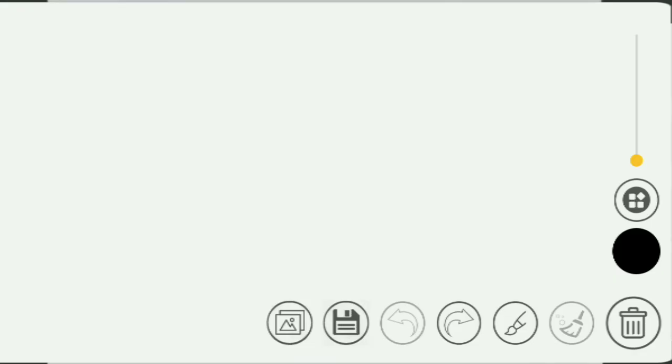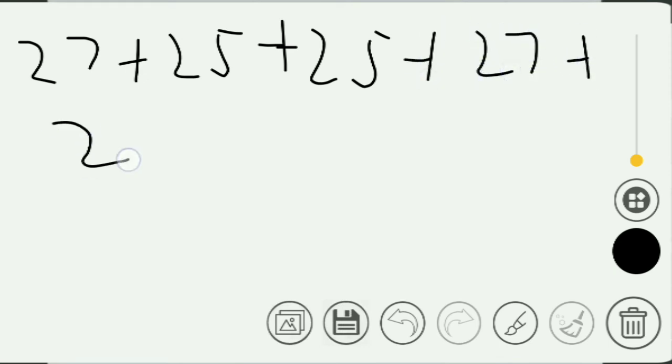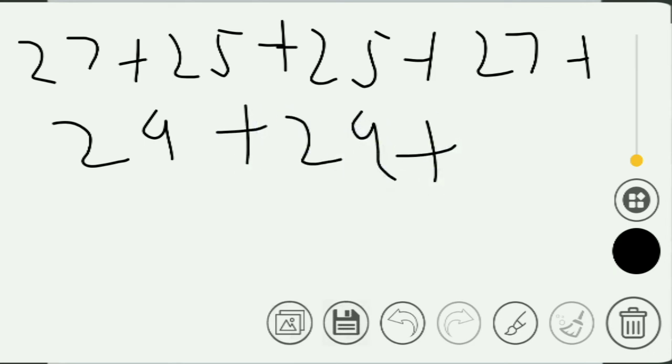Of the maximum temperatures. So the mean: we put all the numbers of the maximum temperatures. 27 plus 25 plus 25 plus 27 plus 29 plus 29 plus 31.